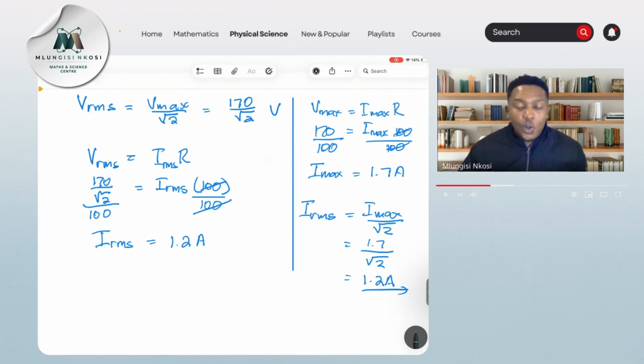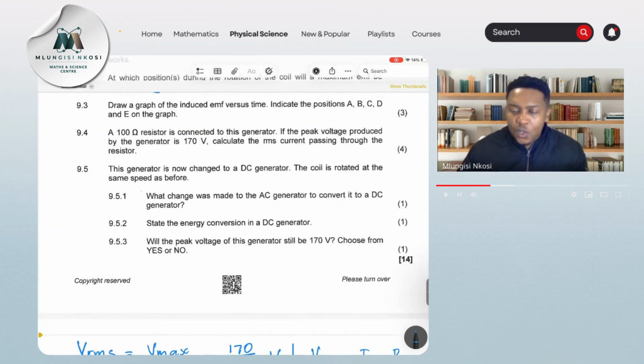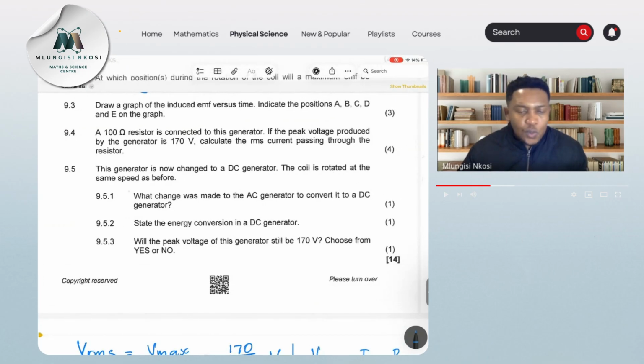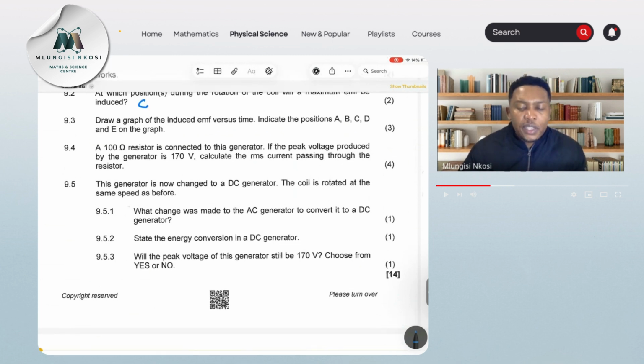Right, now let's go on to the next question, right? So in this case, let's look at what we will, okay. So they say this generator is now changed to a DC generator. Remember, we had an AC generator at first.